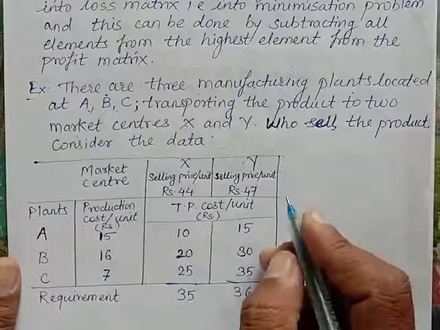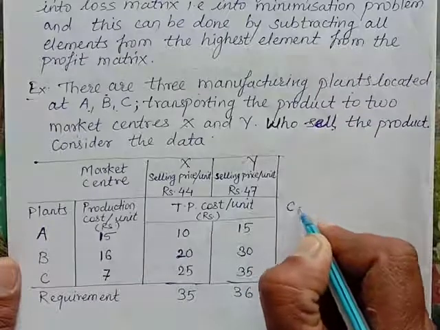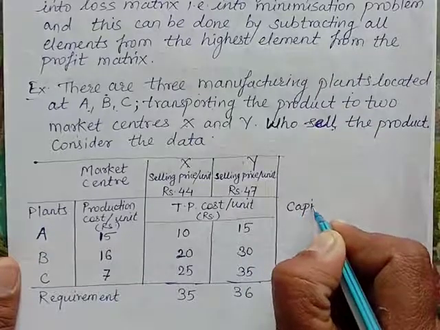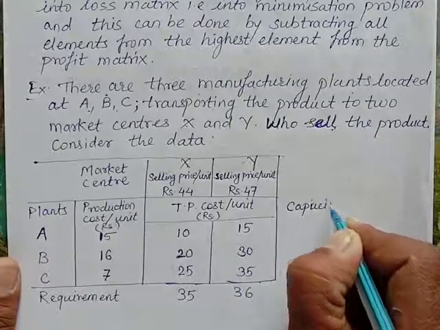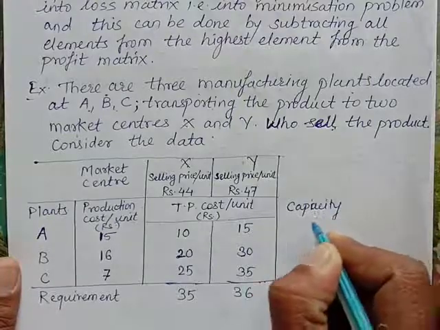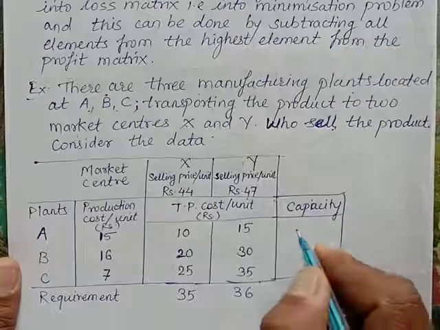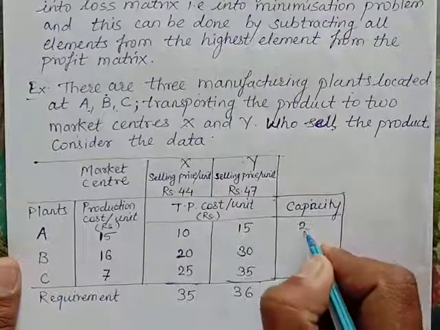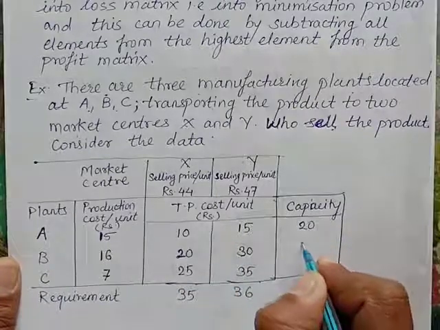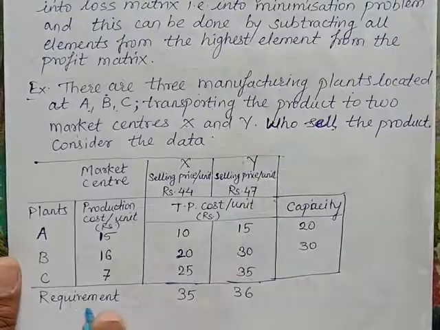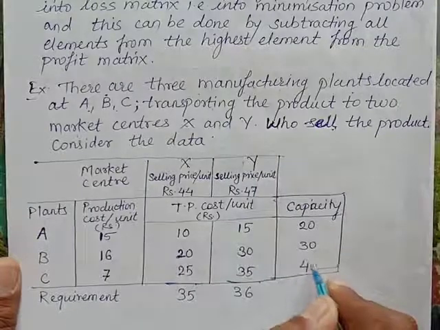Also, the capacity of plant A is 20, capacity of plant B is 30, and capacity of plant C is 40.